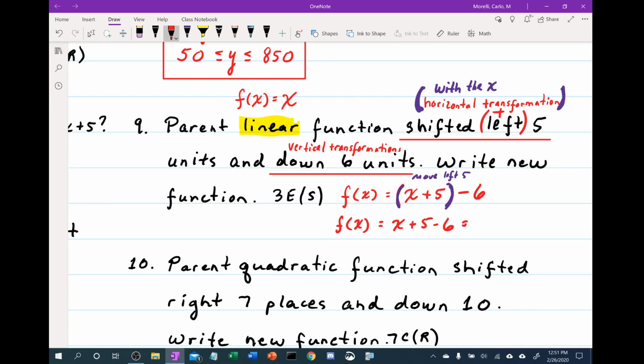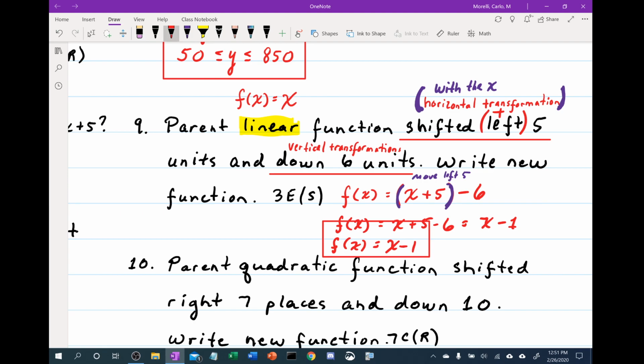What does that equal? X minus 1. So f of x equals x minus 1. And that right there, ladies and gentlemen, is the function after it has been shifted left 5 units and down 6 units.